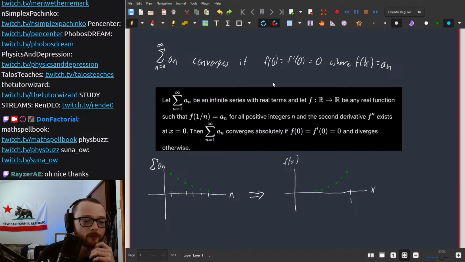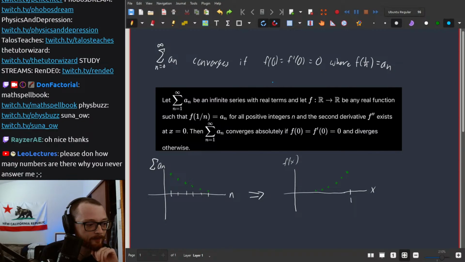This question is from Papadoria in the YouTube chat: if the second order function blows up, what does that mean for the original function? There's at least 4.